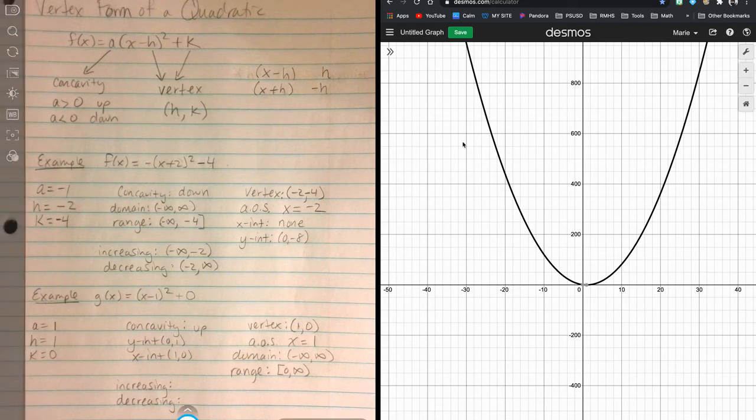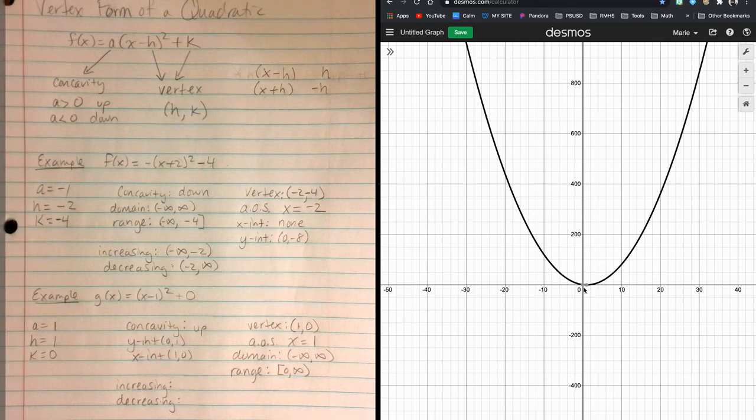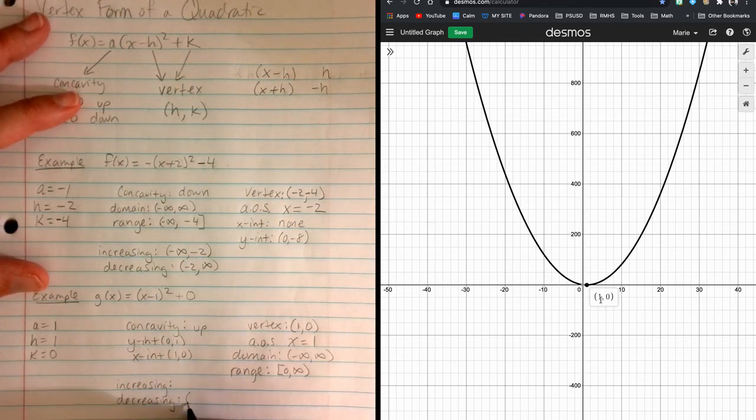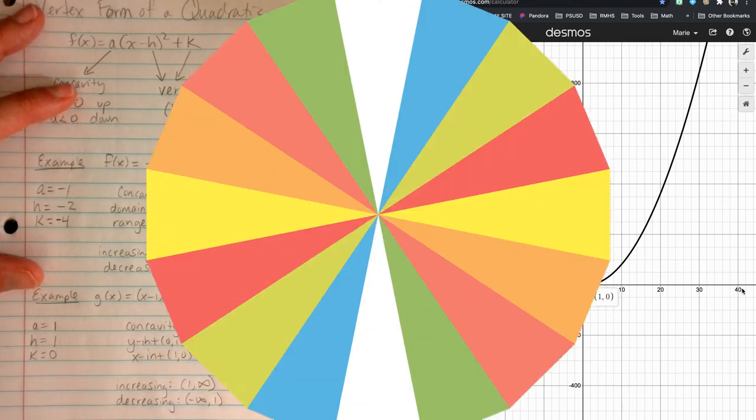It's going to keep decreasing from negative infinity up until my vertex, whose x-coordinate is positive 1. So it's decreasing from negative infinity until positive 1. Now, after positive 1, it starts to increase again, and it'll keep going as my x values approach positive infinity. All right, and there.